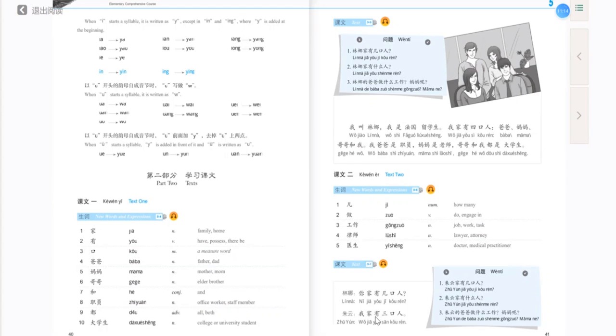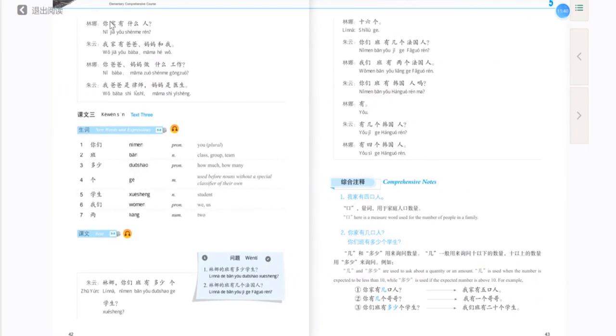My family have 3 people, which means there are 3 people in my family. As we learned, this 有 here equals the there-be structure in English, so it indicates existence. So 我家有三口人, there are 3 people in my family.